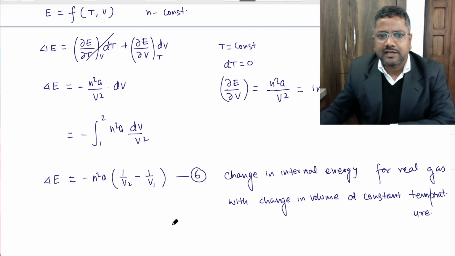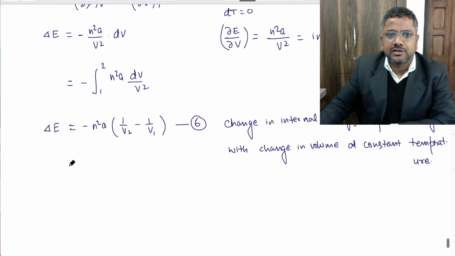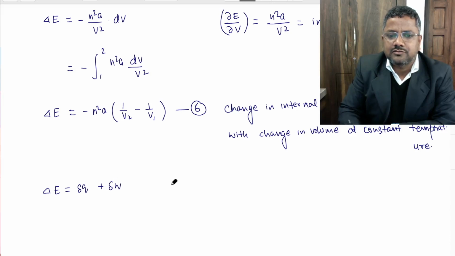Now you have calculated change in energy, you have calculated work, so you can calculate heat. So apply the first law of thermodynamics. So delta E is equal to delta Q plus delta W, right?